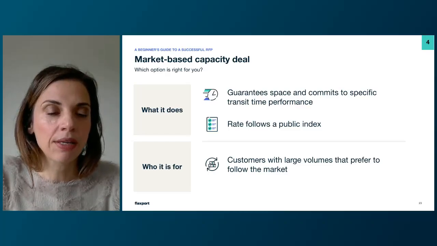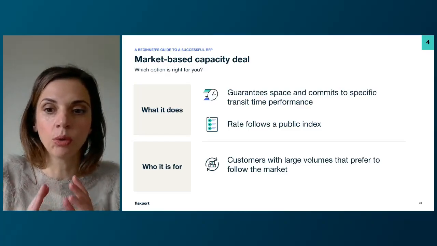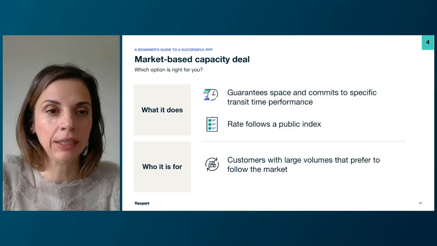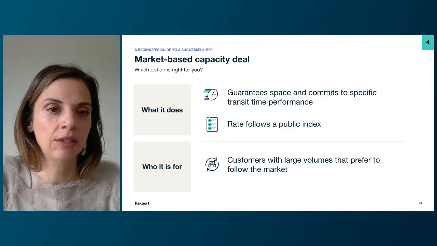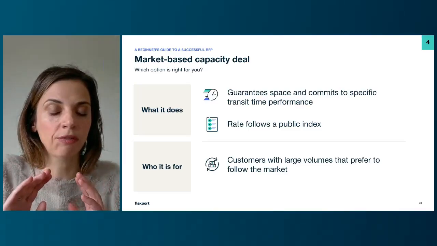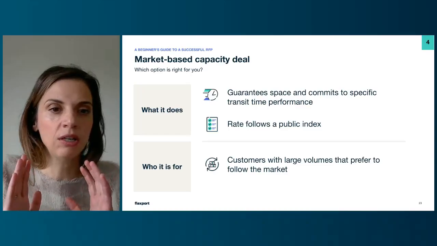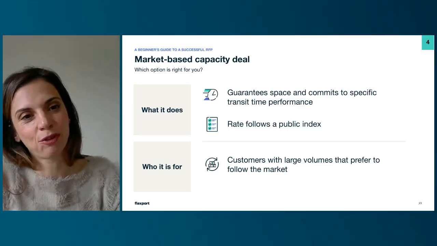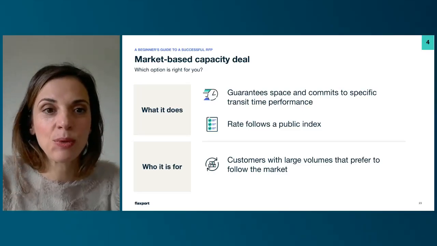Then you have the bid pricing, which is the hybrid of the two, and we do see a lot of these in the market. And lastly, what's on the slide right here, the market-based capacity deal, full exposure to the market fluctuations in the price, and really for shippers that have lots of volumes to commit and some appetite for risk. Let's go to the next one.